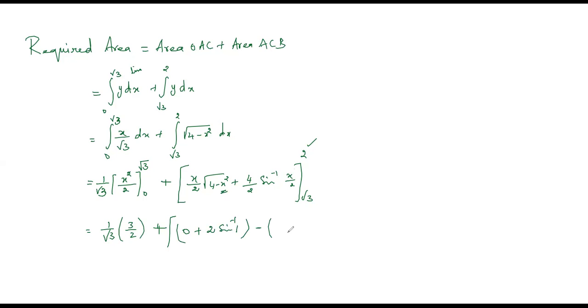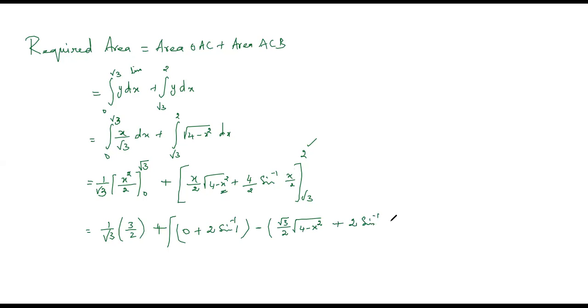Now let's substitute the lower limit. The lower limit is root 3, right? So x by 2 means root 3 by 2. Substitute root 3 in place of x. Now 4 minus, replace x by root 3, plus 2 into, 4 by 2 is 2, right? 2 into sine inverse root 3 by 2.